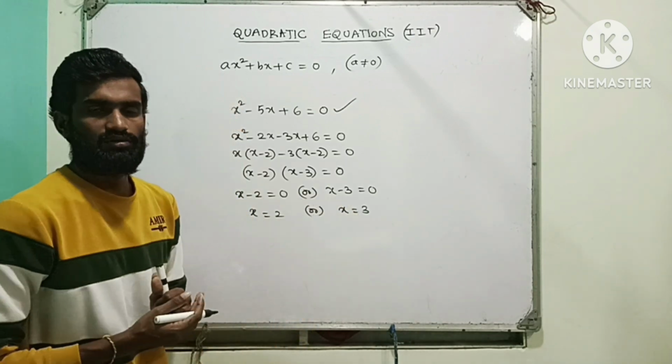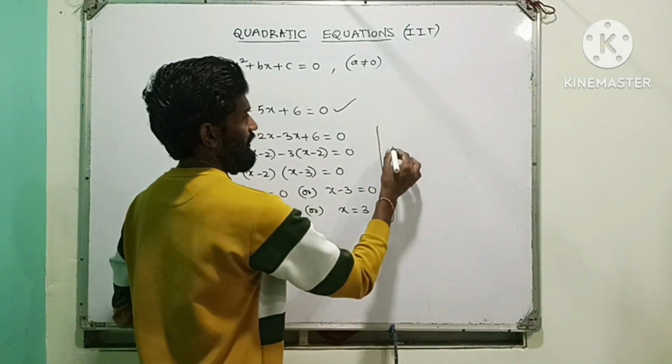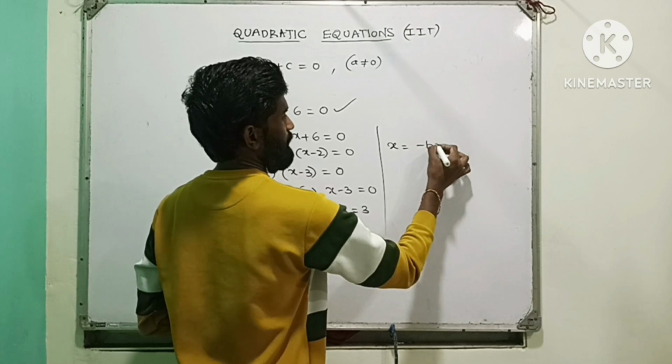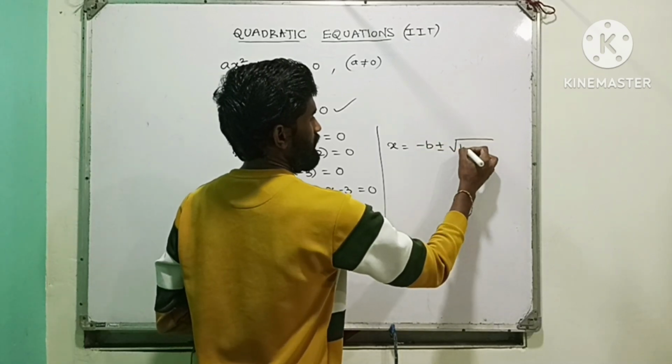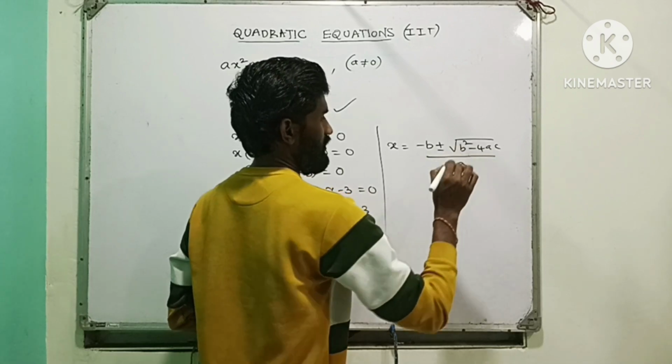Otherwise we have one more method, that is the quadratic formula method: x equals minus b plus or minus root over b square minus 4ac, by 2a.